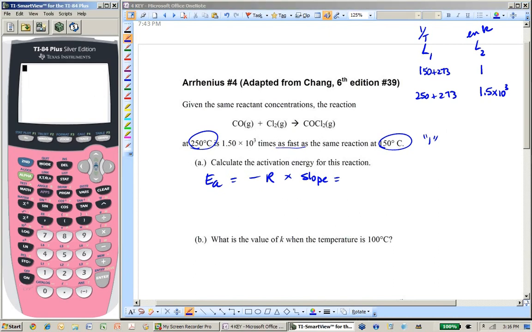So let's see how that looks in the calculator. Clear all my lists, starting over here so I don't make any errors. I'm going to do 150 and 250. Go to the top, I'm going to take everything in L1, add the 273, and then take the reciprocal.